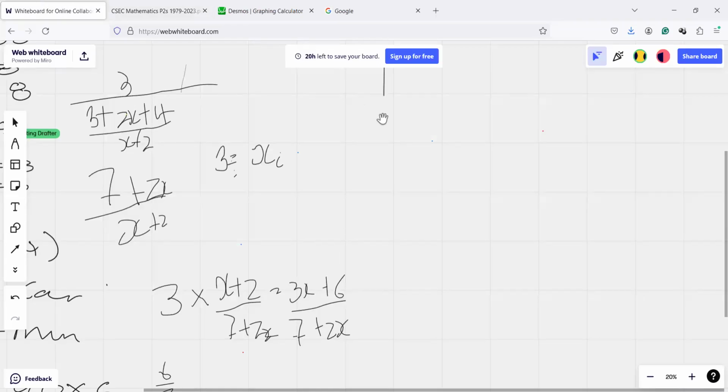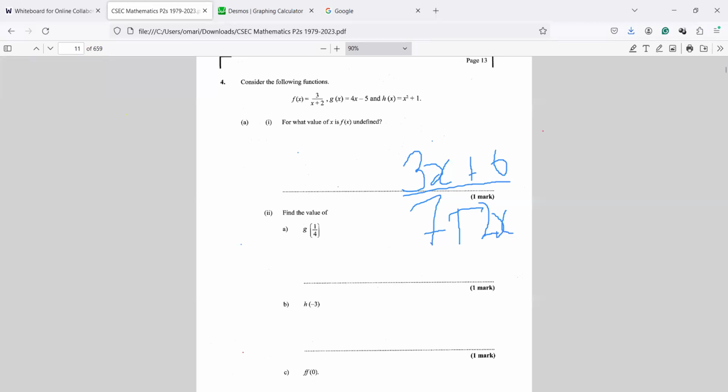So we have 3x, right? We have 3x plus 6. I'm hoping you got up to this point. Over 7 plus 2x. If you can go back to the question, Omar, just to have them know that it's saying f of 0.